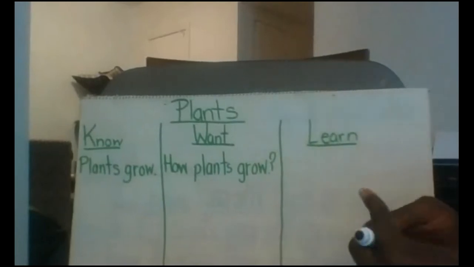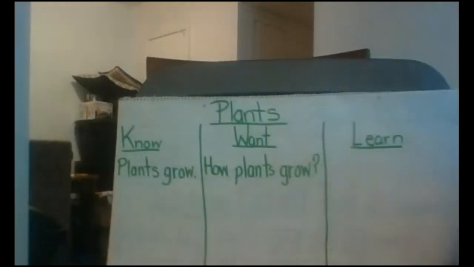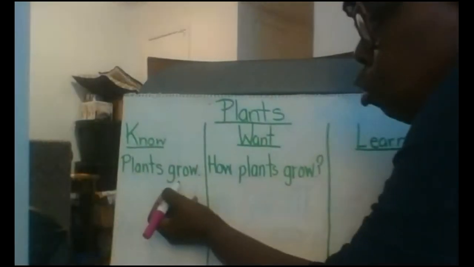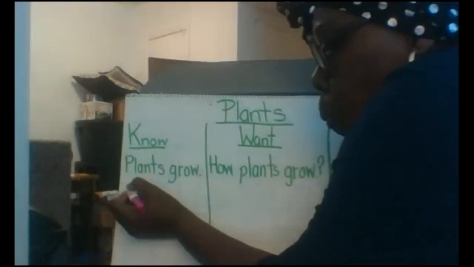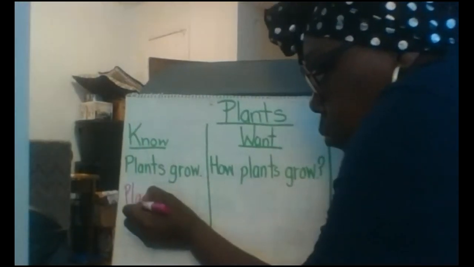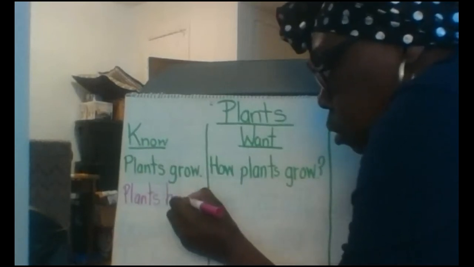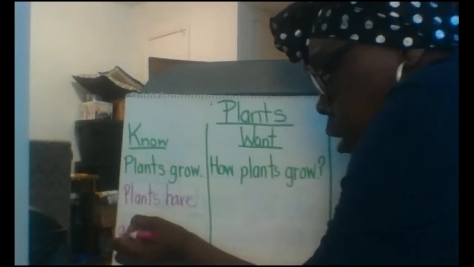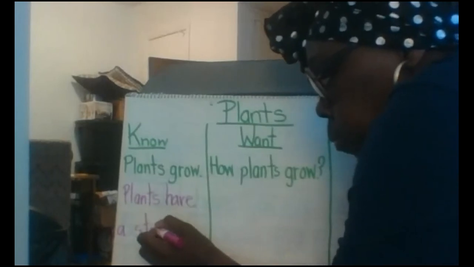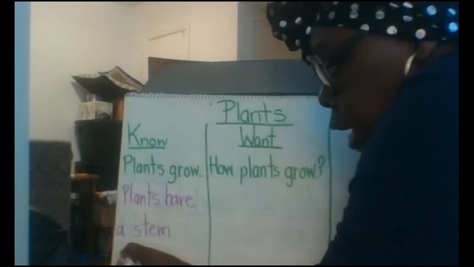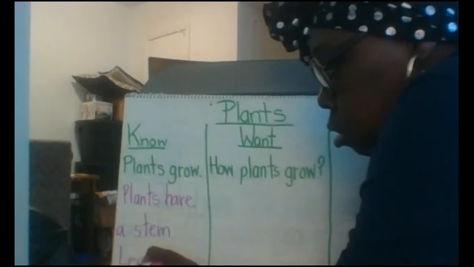Okay, so what do we know about plants? We know plants grow. We know plants have a stem. They have leaves.